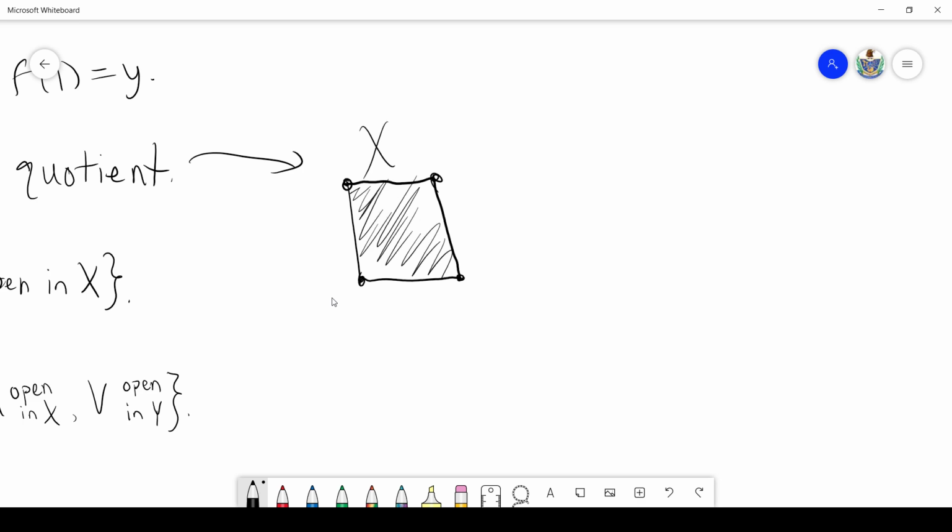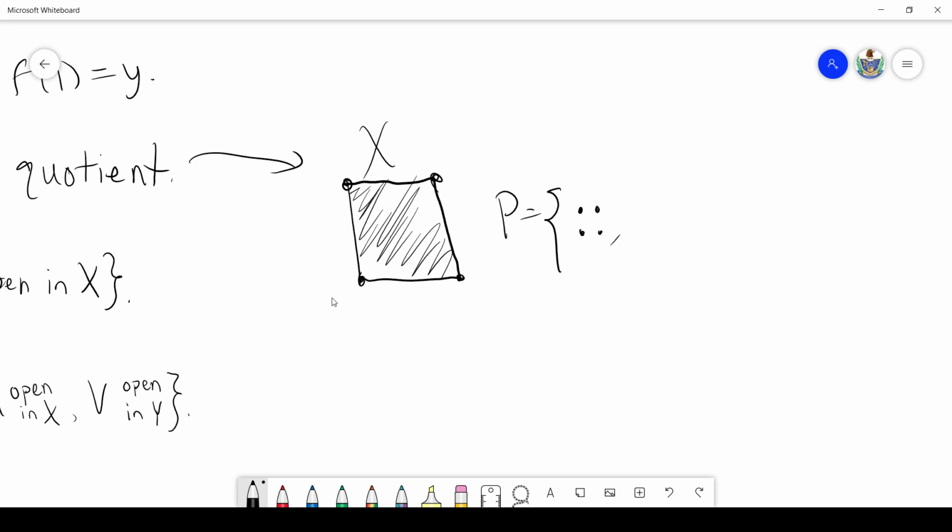What we want to do is form a partition of X. So a partition of X is just a collection of disjoint subsets of X. I had trouble really making this rigorous when I was writing this on paper. But essentially, let's consider the partition where one element is going to be the 4 corners.